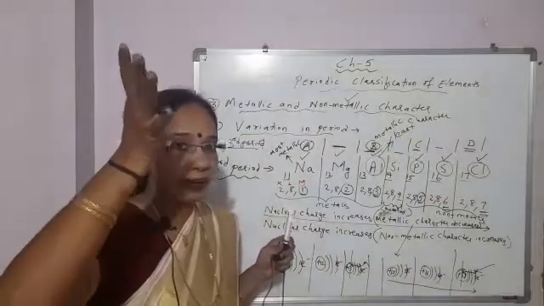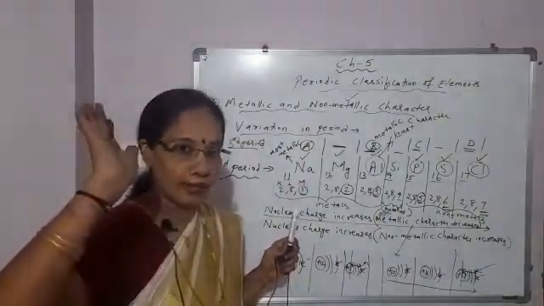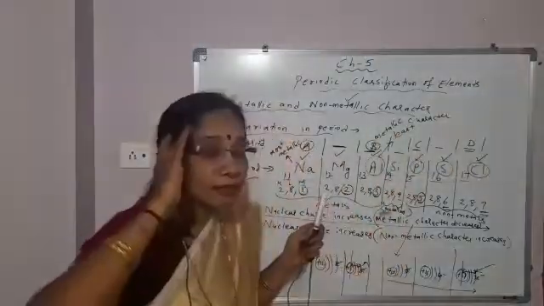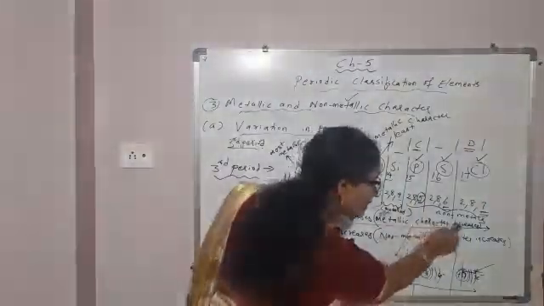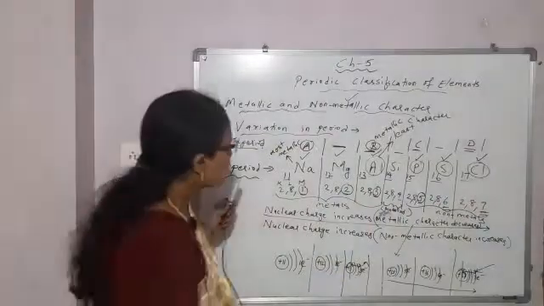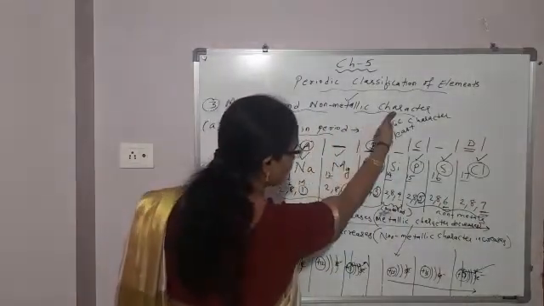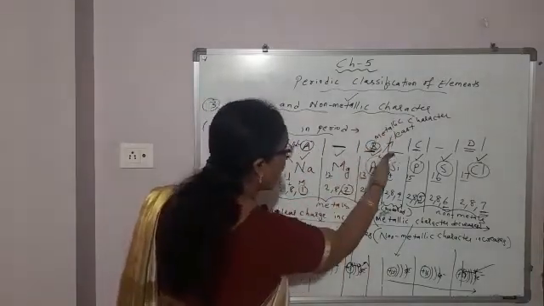Now your question will be, out of these elements, which is the most metallic? So students will think of the variation in a period about metallic and non-metallic character. As you move from left to right in a period, what you have discussed, nuclear charge increases, so metallic character decreases. This is the first element, second element is not given, and this is the third element. So you can guess this A is sodium, magnesium, aluminium.